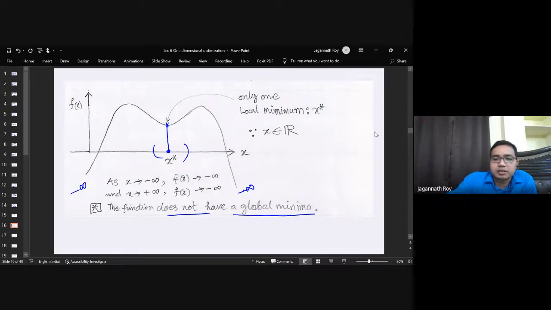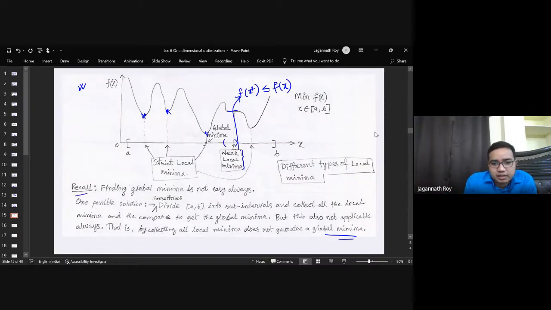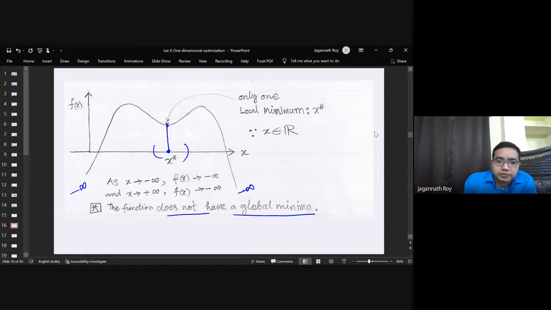That is why this comment is there: finding the local minima does not guarantee a global minima. So for this function, we do not have any global minimum because it will be negative infinity.